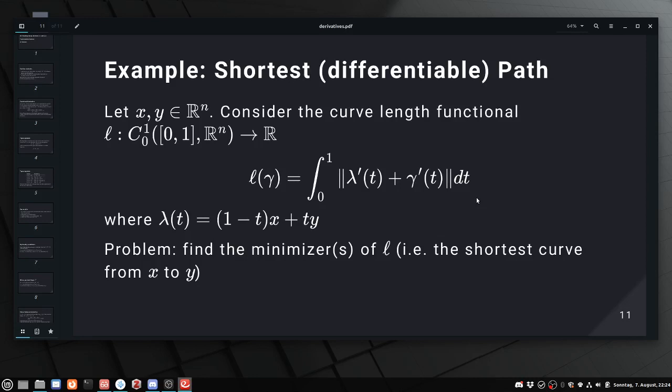If you take some function from R to R and you want to know the length of the graph as I draw it, then you have the 1, which actually comes from the fact that your curve is parameterized by the point (t, f(t)). So when you take the derivative of that, the t becomes 1. That's why you have 1 in the exercise. Right. Got it. So in this case, it's more like a gradient, the lambda prime and the gamma prime. Yeah, exactly. Okay, thanks. That's why you have the norm, because it's a vector.